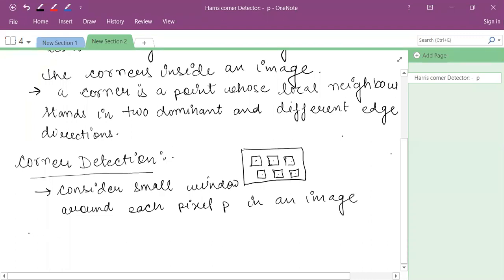Once my window is created, you have to shift the window in a certain direction by a certain shifting amount. Then you have to analyze the amount of intensity change in the pixel values.